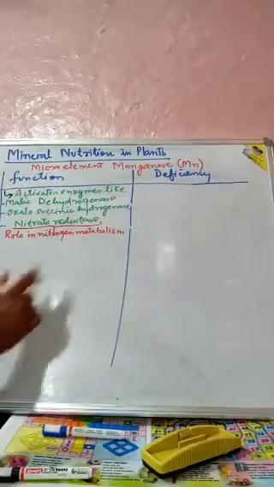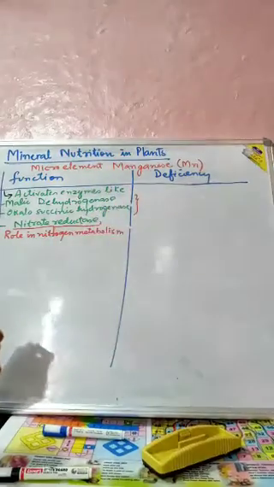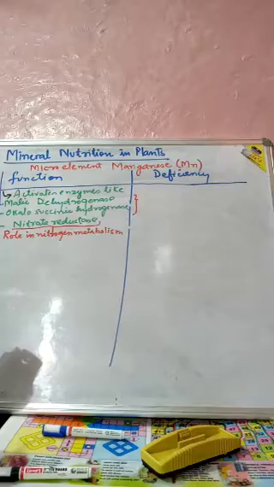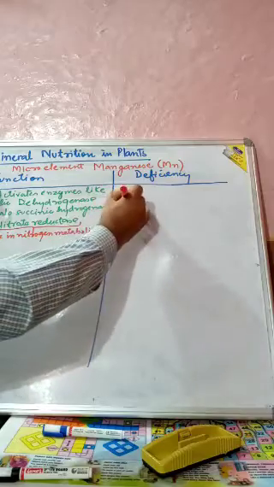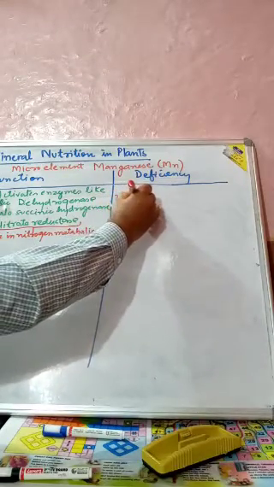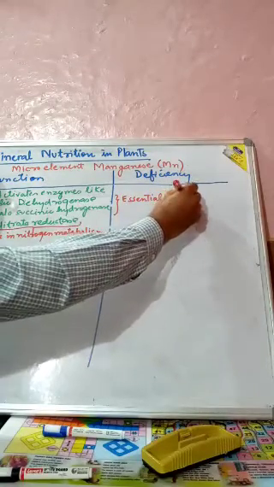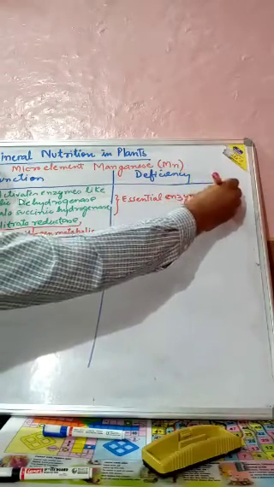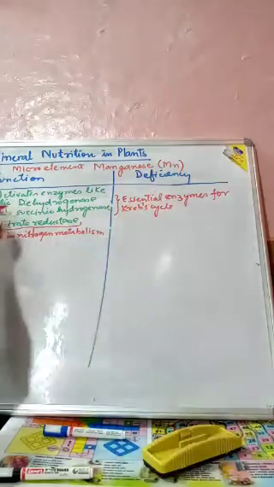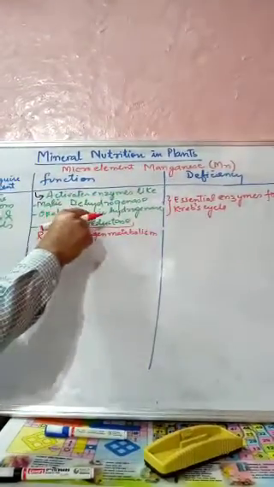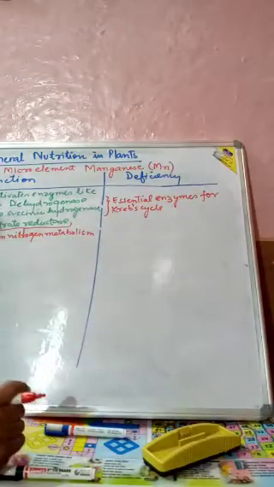Now these malic dehydrogenase and oxalosuccinic dehydrogenase, these two enzymes play an important role. We can say these are the essential enzymes for the Krebs cycle.